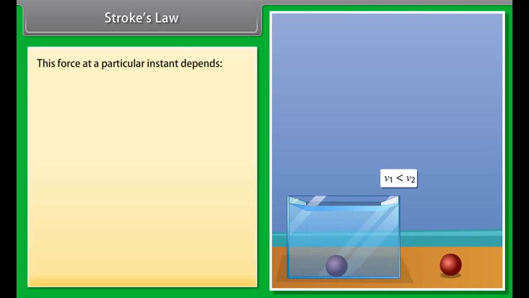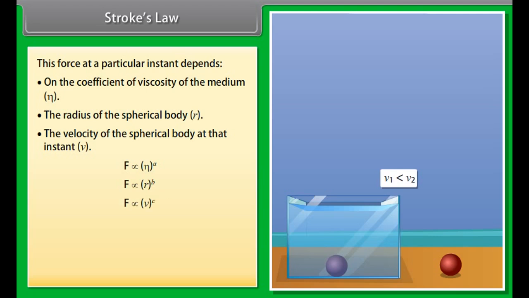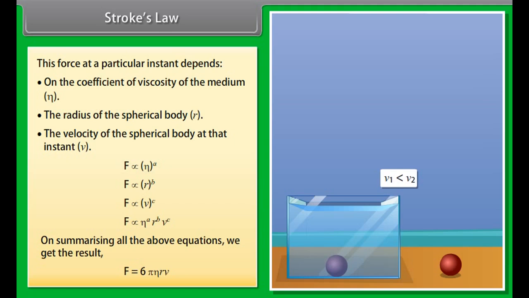This force at a particular instant depends on the coefficient of viscosity of the medium, the radius of the spherical body, and the velocity of the spherical body at that instant. Force is directly proportional to η, radius and velocity. On summarizing all the above, we get the result F = 6πηrv.